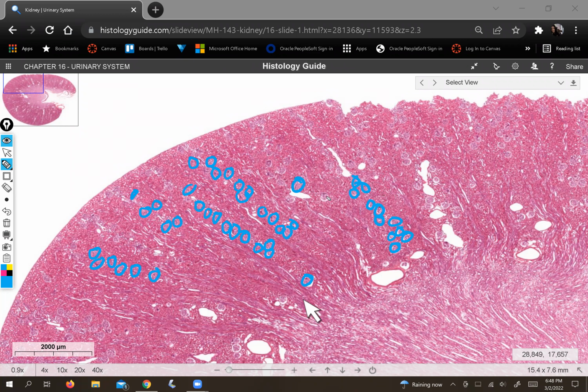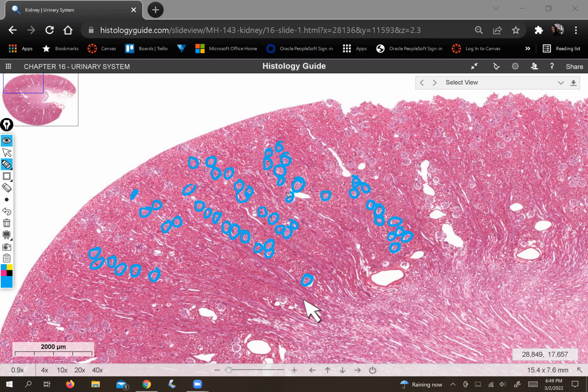So every single corpuscle has an afferent arteriole and an efferent arteriole, right? And those are both carrying oxygen-rich blood into and out of the glomerulus. That part's for filtration, so it's kept at a higher pressure ordinarily so that we can make filtrate.